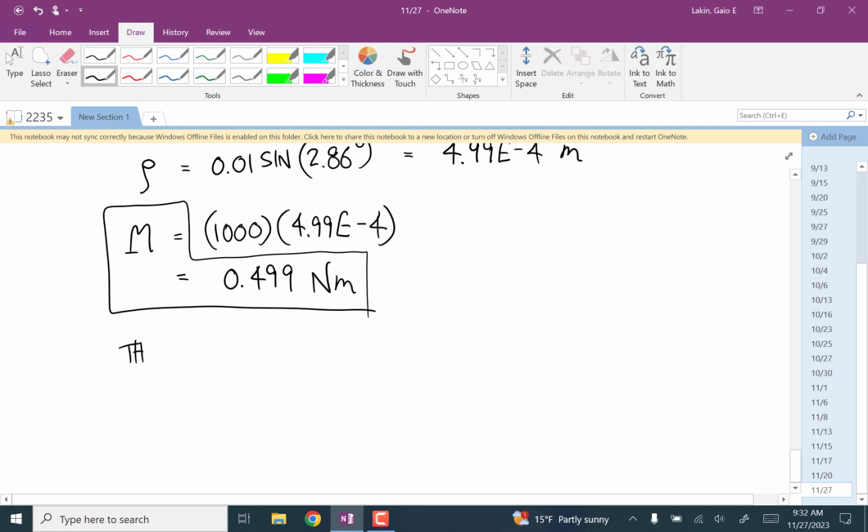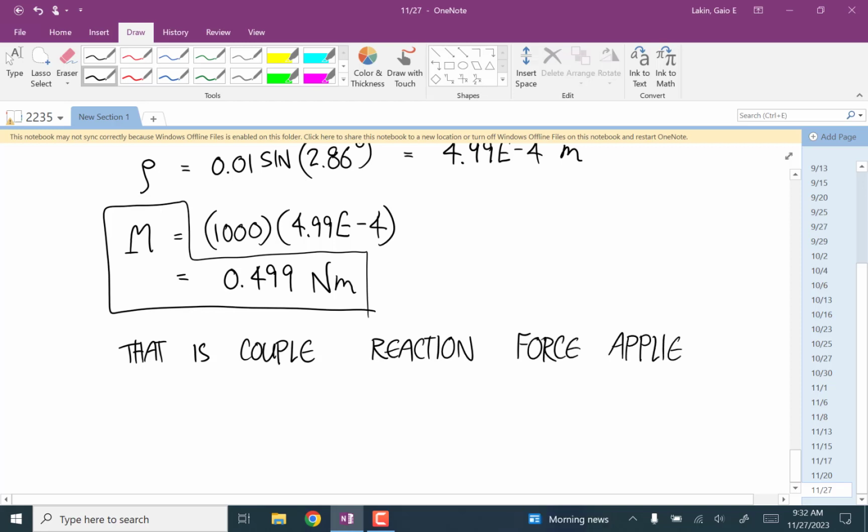So that is the couple, the reaction force applies to slow the rotation.